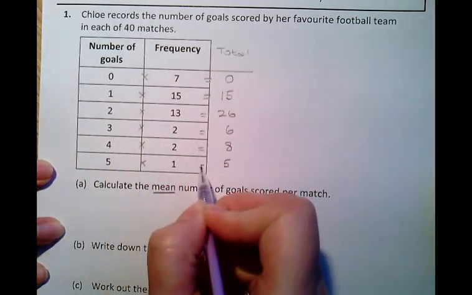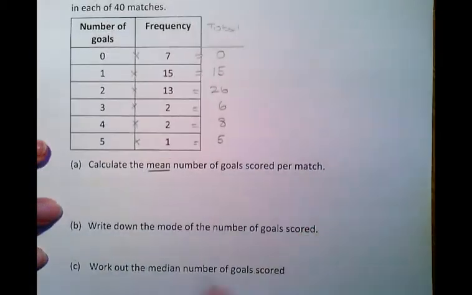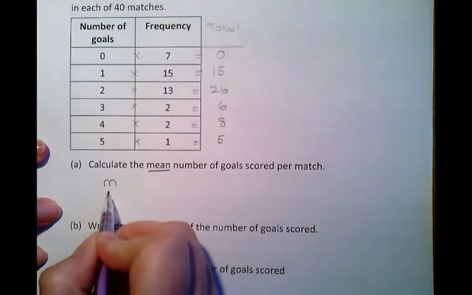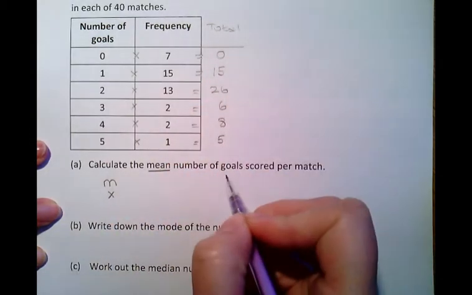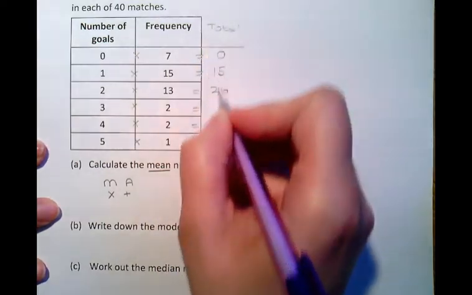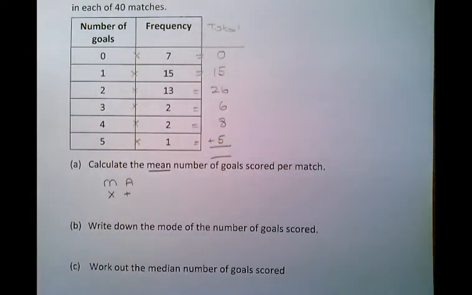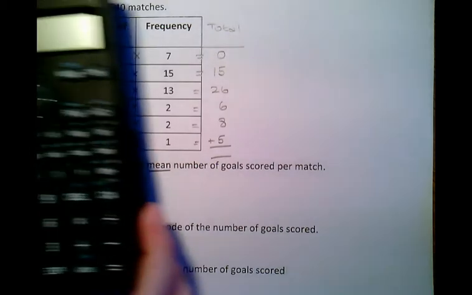So that's where this word MAD comes from, because the first thing you do is multiply, and that's to get your totals. After that then you add, and you add up all of these totals, because that will tell you how many goals were scored all together in the 40 matches.